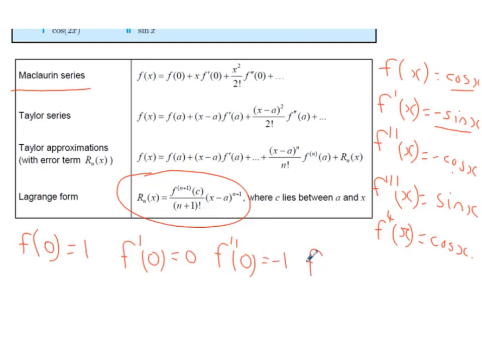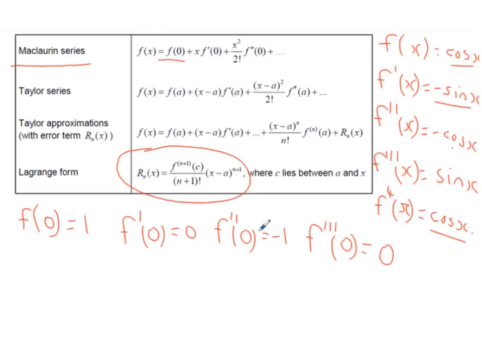F triple dashed 0 is going to be sine of 0, which is 0 again. And then we go back to the cos of 0. So these derivatives are going to go 1, 0, minus 1, 0, 1, 0, minus 1, 0, and so on.